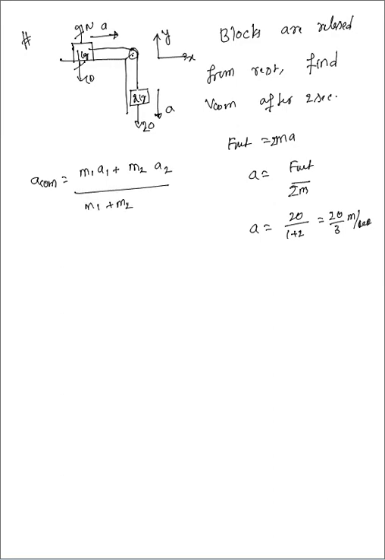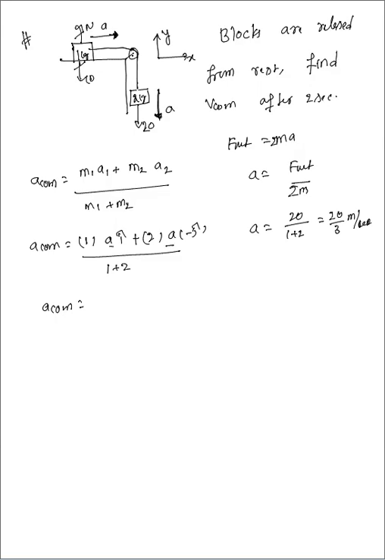Therefore ACOM equal to M1, which is 1 kg, into A1, A i cap because positive x axis, plus M2, which is 2, into A minus j cap, because this is about the negative y axis, divided by M1 plus M2, 1 plus 2, which is 3. Therefore ACOM, the acceleration value is 20 by 3.